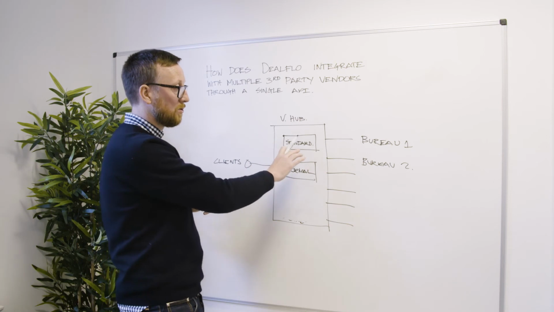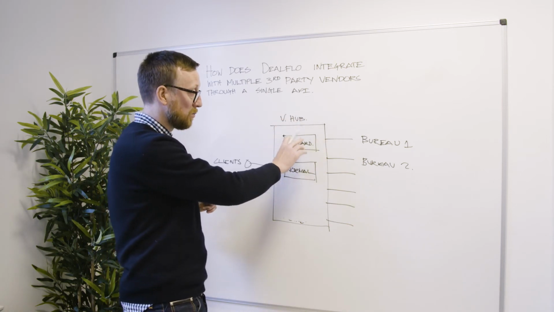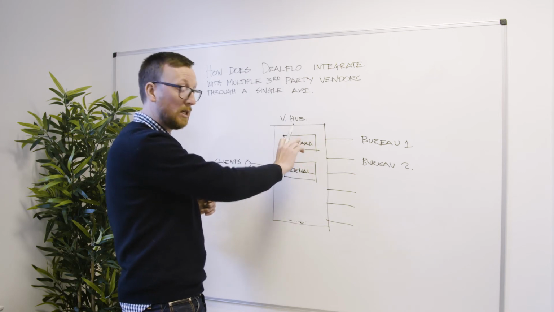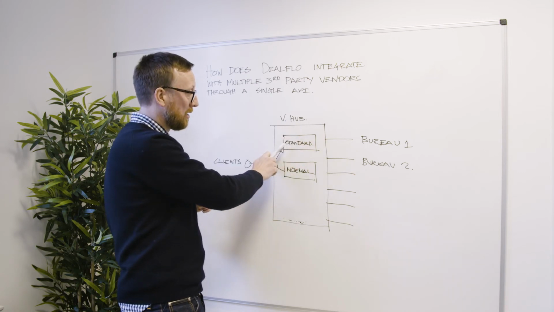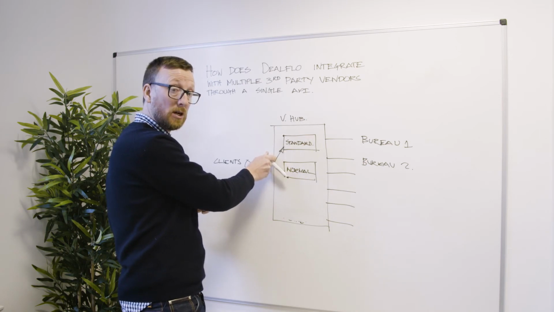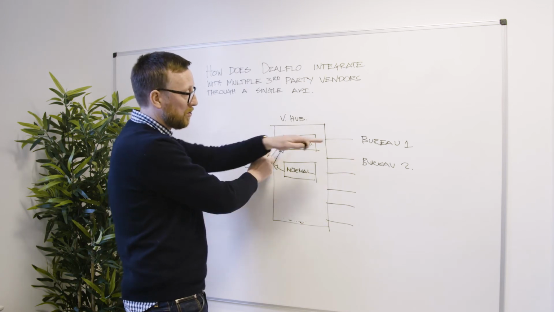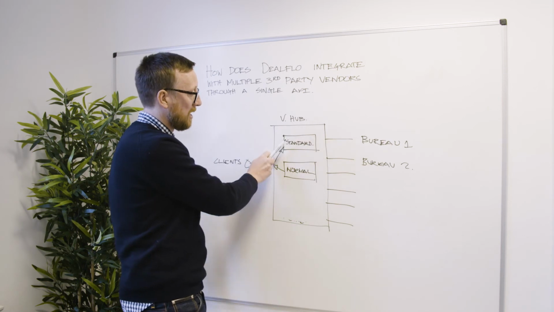Now, what that gives you from the VHub's point of view is the ability to switch between Bureau 1 and Bureau 2. So a client can easily, as primary ID provider, have Bureau 1, and then easily through configuration start using Bureau 2. If Bureau 1 had uptime issues, then we can have a failover.